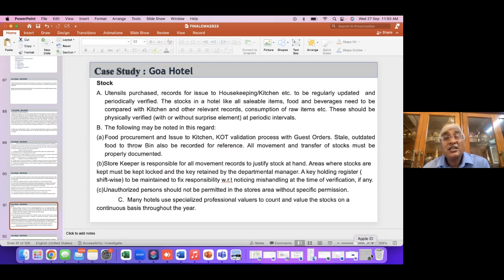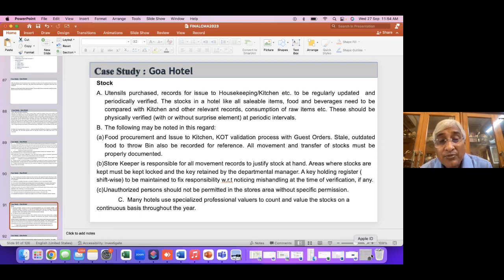Suppose a cutlery or crockery has a little bit of crack in the cup or in the dish, which is not at all acceptable. So one has to ensure that they are in proper condition and available in appropriate numbers, so that you can validate the stock register against reality.